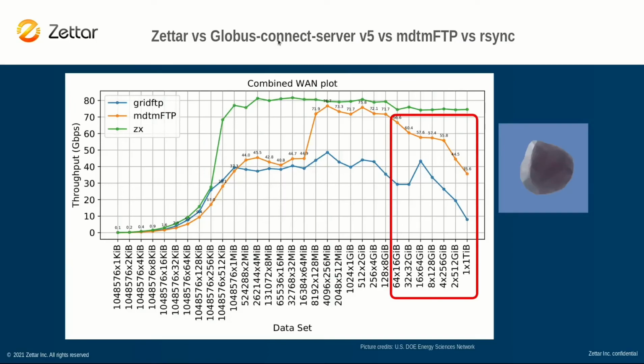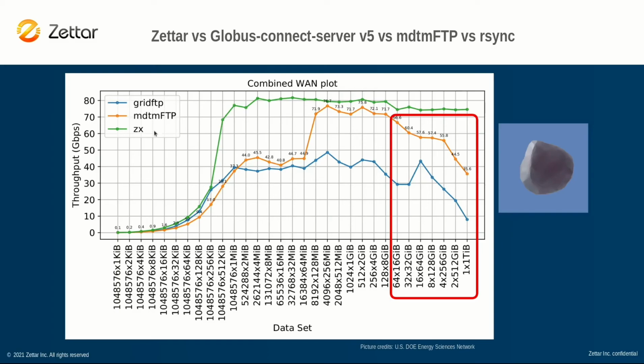Since October 2020, ESnet has been rigorously evaluating various data movers, including a DOE-funded iRODS, Globus GridFTP, Fermilab's MDTM FTP, which is the basis of Fermilab's Big Data Express, and Zettar ZX.